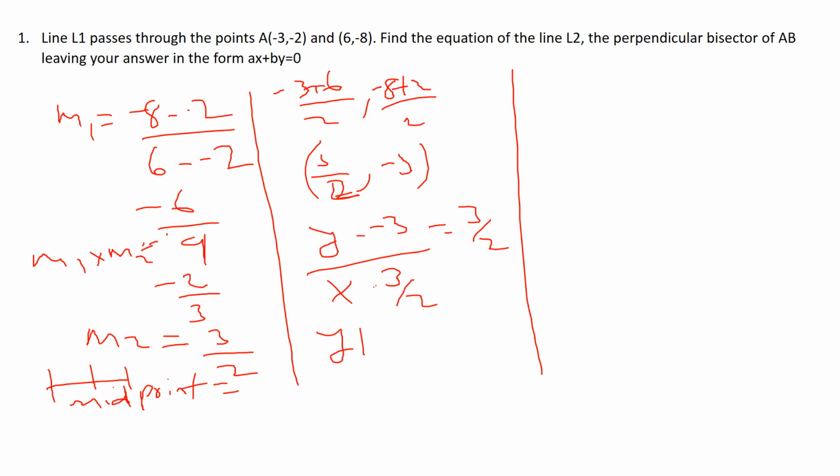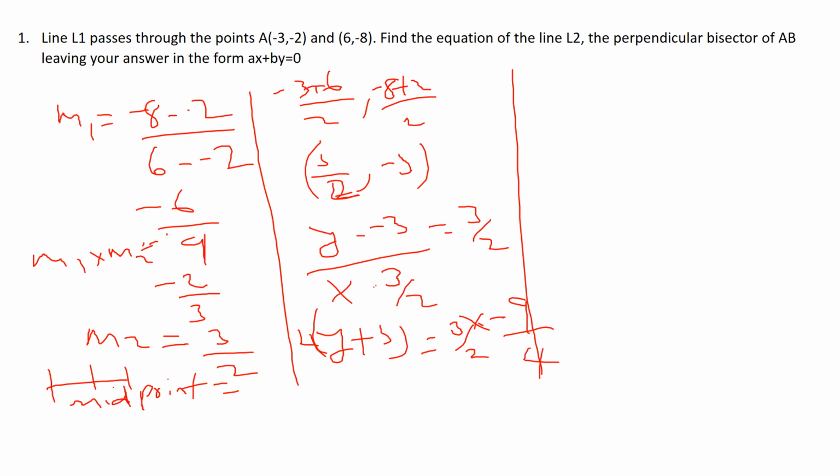We can cross multiply the 2, that is 2 times y plus 3, equals 3 out of 2 x minus 9 out of 4.